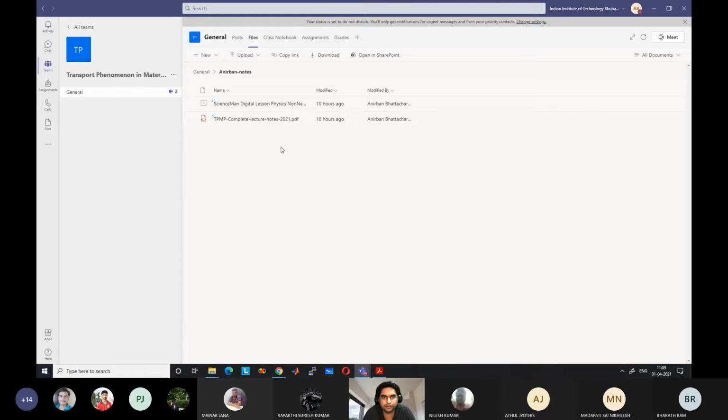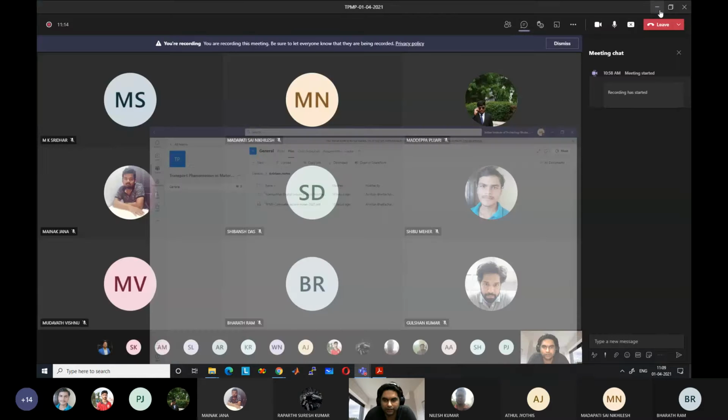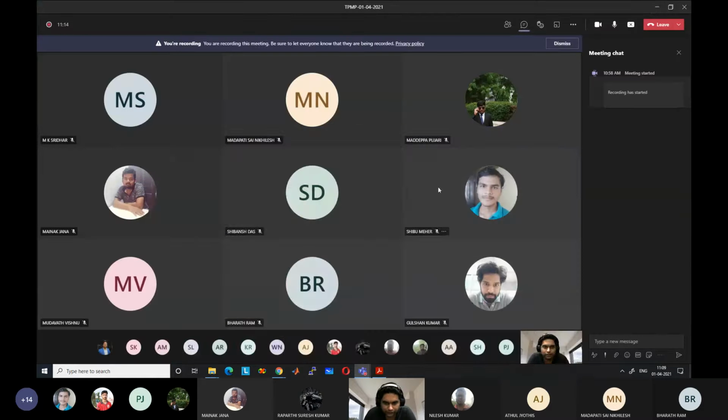Any other extra materials also, if you require, I will keep on uploading here. You can download from here. Some extra materials will be required, say an appendix where all the constitutive relations are there, which you cannot memorize, but you have to refer to them. So things like that. Okay.